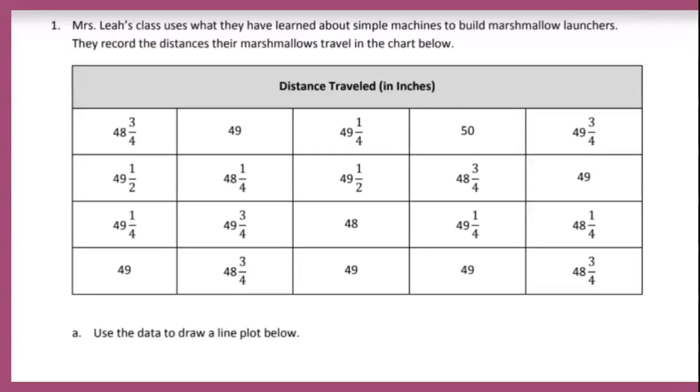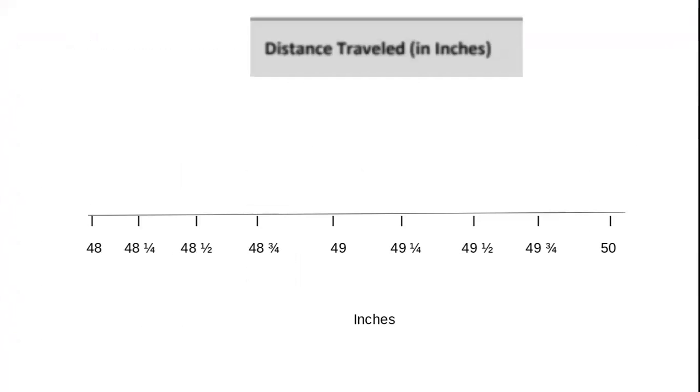Mrs. Lee's class uses what they have learned about simple machines to build marshmallow launchers. They record the distances their marshmallows travel in the chart below. Pause the video, and you're going to use the data in the table to draw your own line plot. A sample line plot would be measured in inches, going from 48 to 50, with a title.